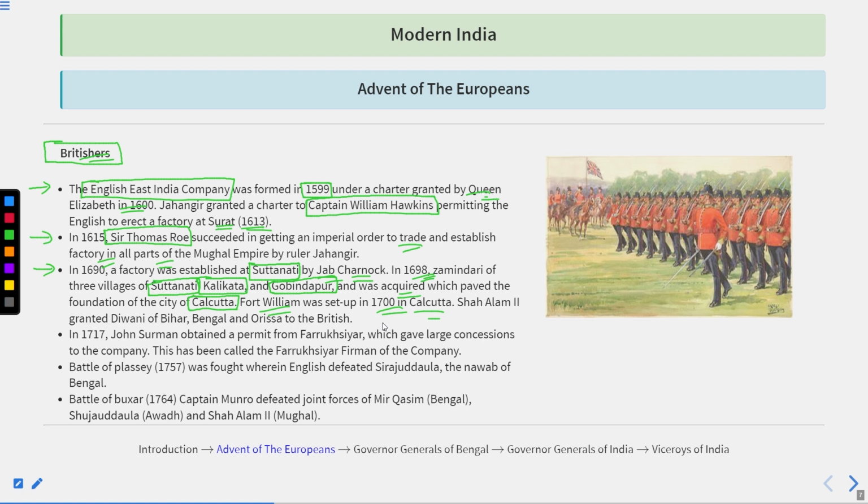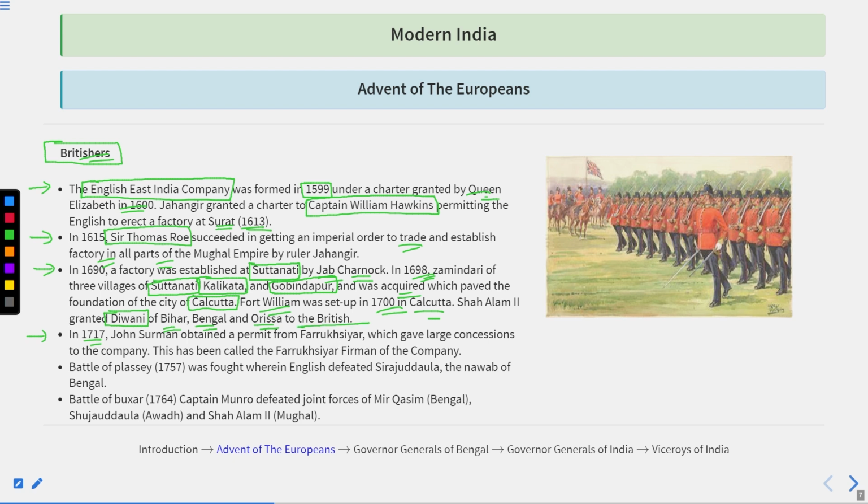Shah Alam II, who was the Mughal ruler of that time, granted the Diwani, or the revenue collection rights, of Bihar, Bengal, and Odisha to the Britishers. That basically established the Britishers as an important economic and financial power in India. In 1770, John Sherman obtained a permit from Farrukhsiyar.